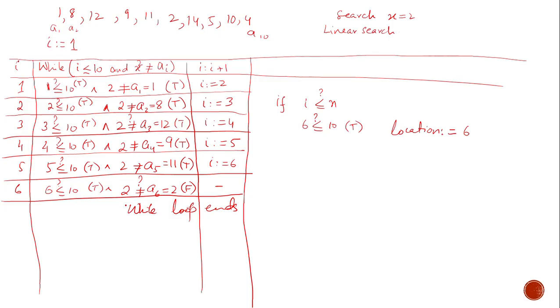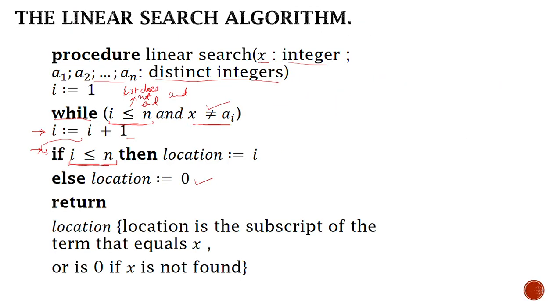What does this mean? After the while loop ends, we check whether the list ended or we found the desired number. So we check which one of the conditions became true and which one became false. According to the algorithm, if the list does not end, then assign the variable location the location where we found the required integer.